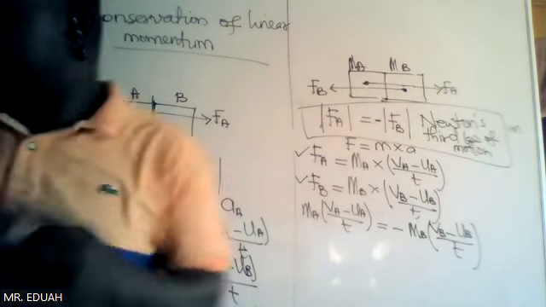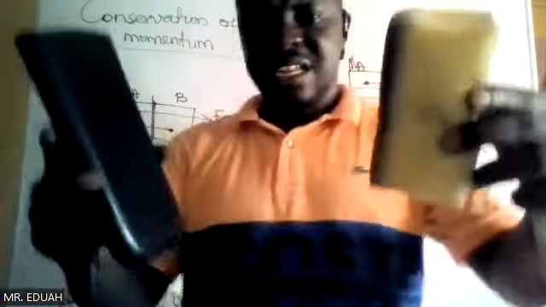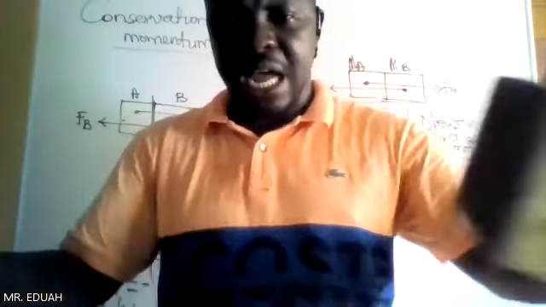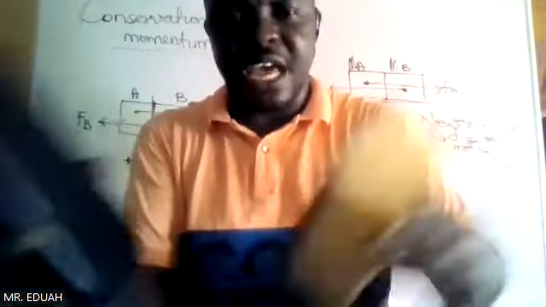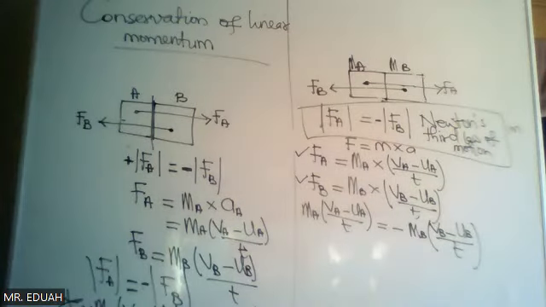Now, when two bodies collide, the time taken for the collision to take place is the same. Look at this, the calculator and then the duster. When they are moving in opposite directions, so when they collide, the time taken for the collision for A and B is the same. So T for A, T for B, the same.